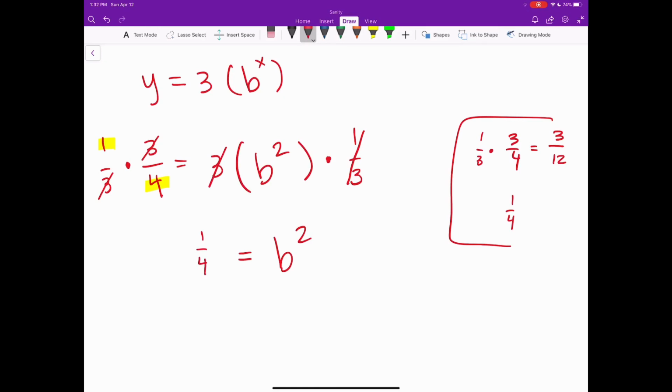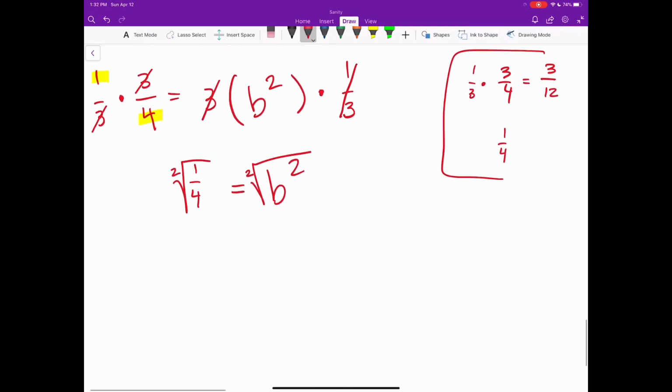So now I have 1/4 equals b squared, and we talked about getting rid of this exponent of 2. Since I have 2 up in the exponent, I'm going to take the second root. We talked about how if there's an exponent of 5, you would take the 5th root on both sides with your calculator. So I'm going to take the square root of both sides.